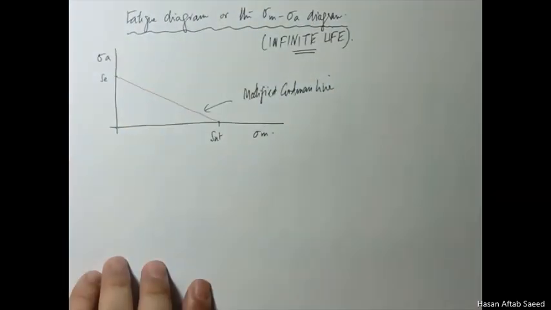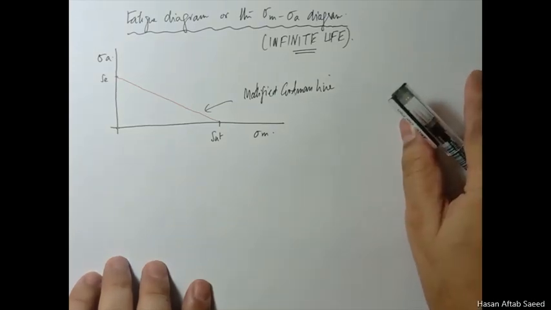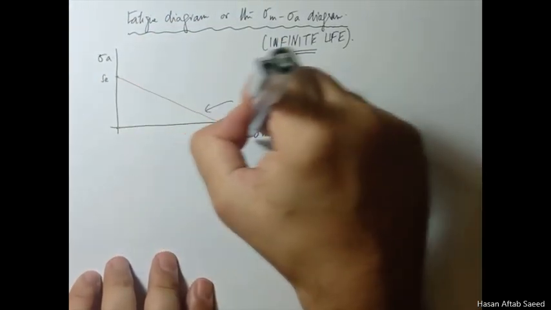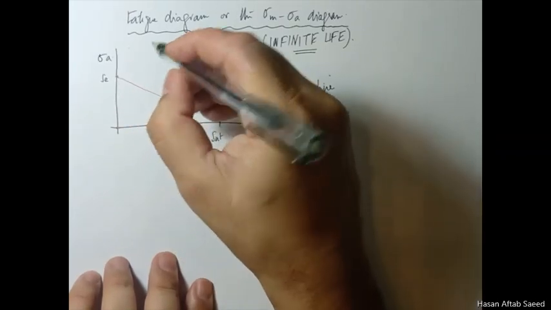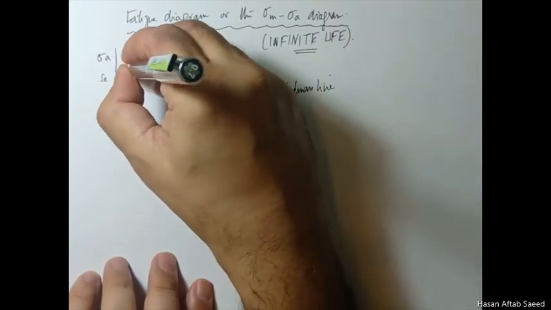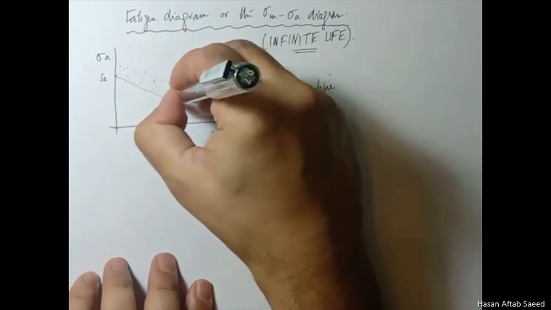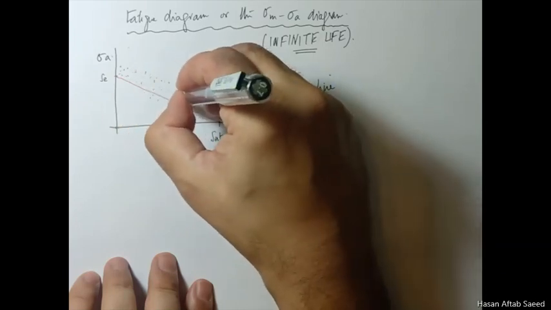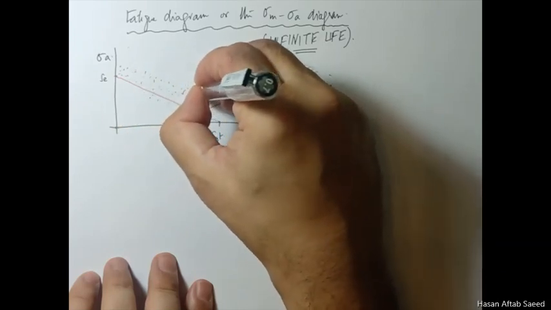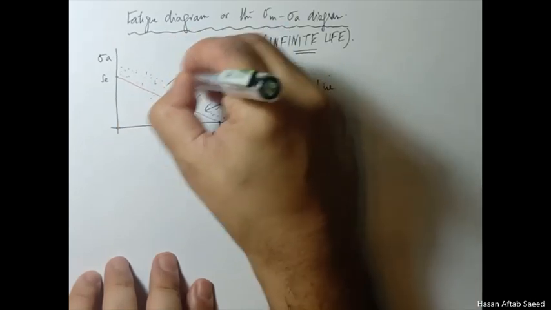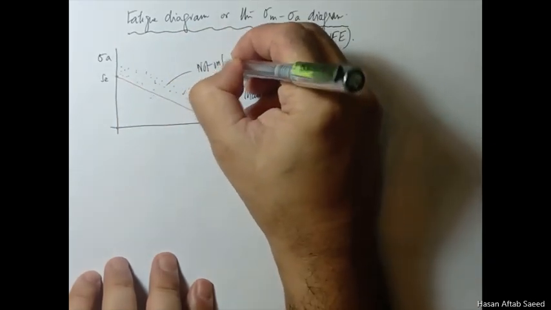Obviously this has to have some backing, some background in experiments, and there is. If you test a number of specimens with different sigma m values, then you'll have some breakages here, and they'll just keep on. Some will break here also, because in statistics there is no such thing as zero failure underneath a certain line. These are the points that do not give infinite life.